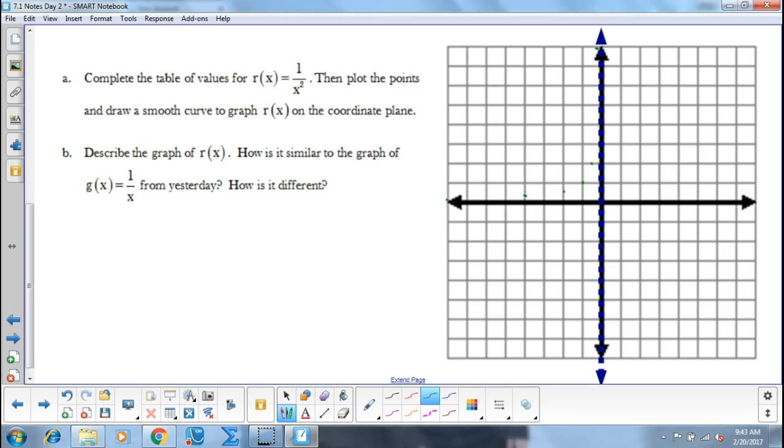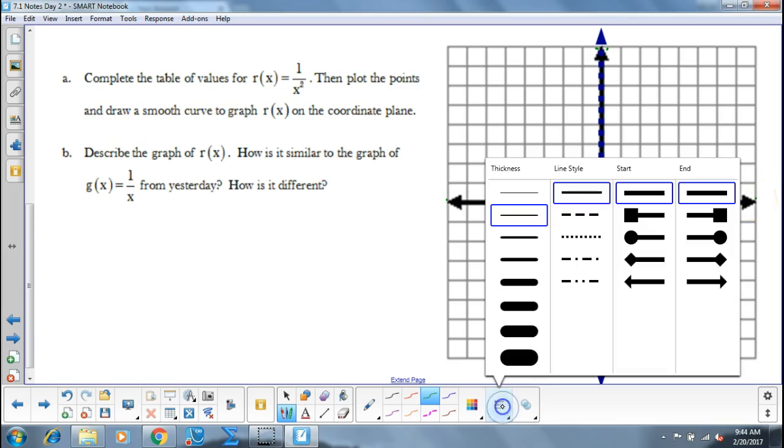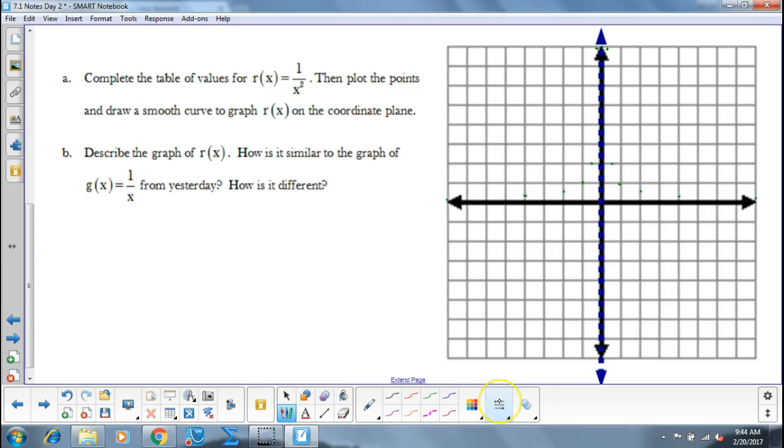Okay? And then it mirrored on the other side. So that our function looks like that.